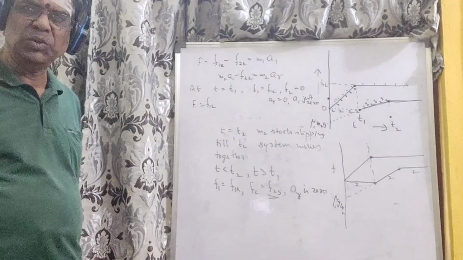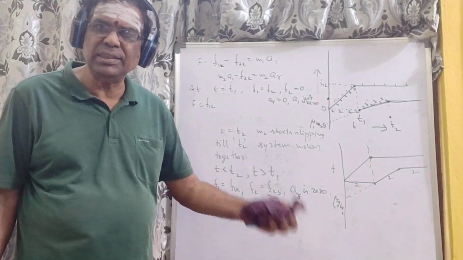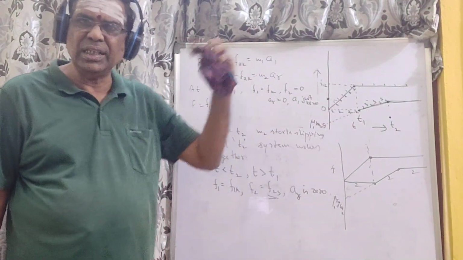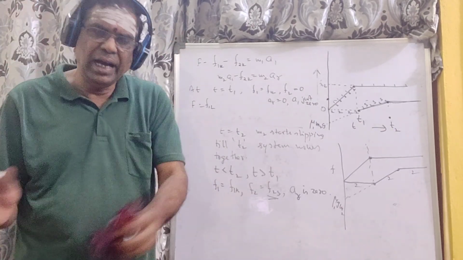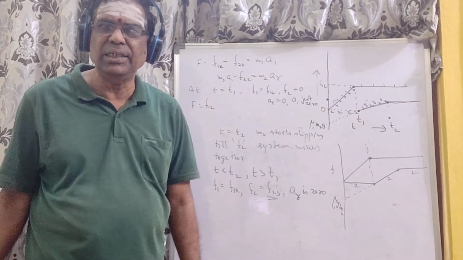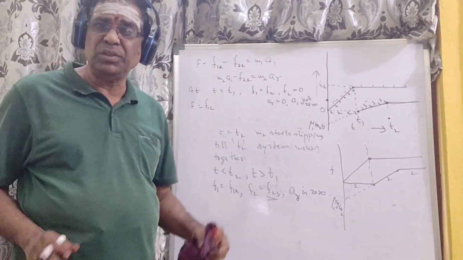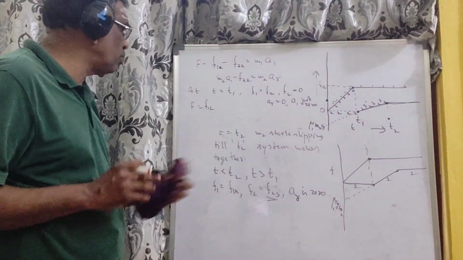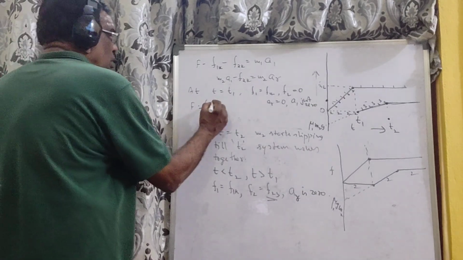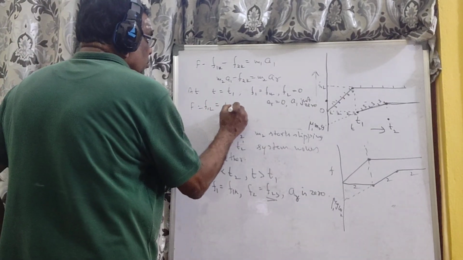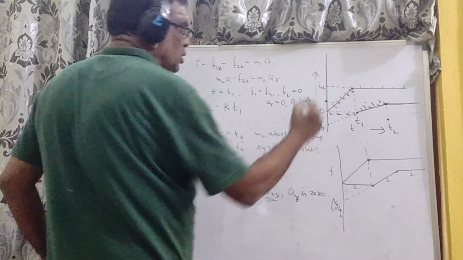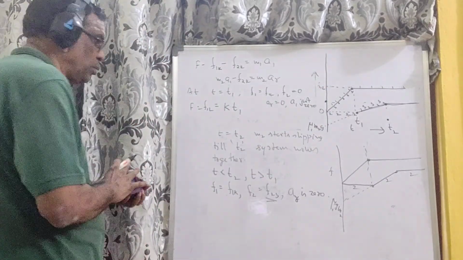Likewise, you can deduce and get the answer. That's the reason why, whenever they give the problem, first take it as though the whole thing is slipping. The lower body slips, the upper body slips with respect to the lower body, and then find out. So F1 is nothing but KT1, that's how I got T1. I hope you got this one.